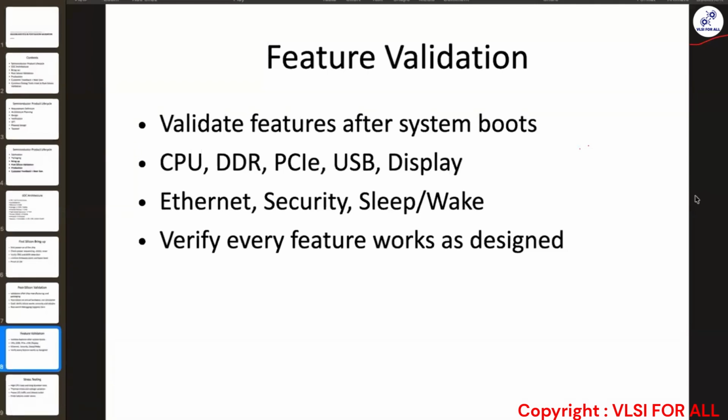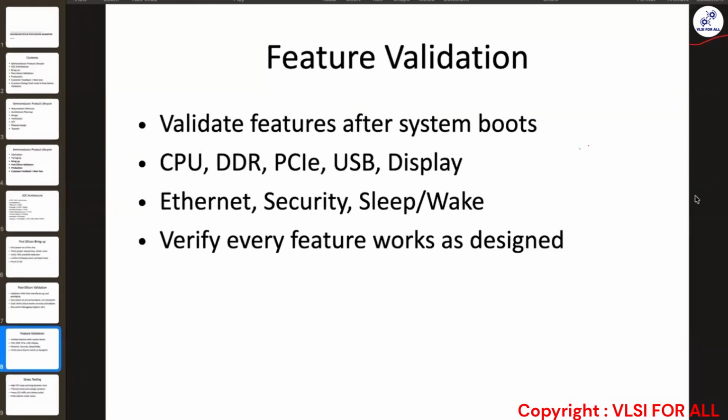S0 is the up and running state where your system is completely active. S3 is sleep state. S4 is more like hibernate, S5 is shut down, and reboot is another scenario. So you create test cases in such a way that it should work in the sleep or idle scenarios, like S4. All of those things you check in the feature validation.